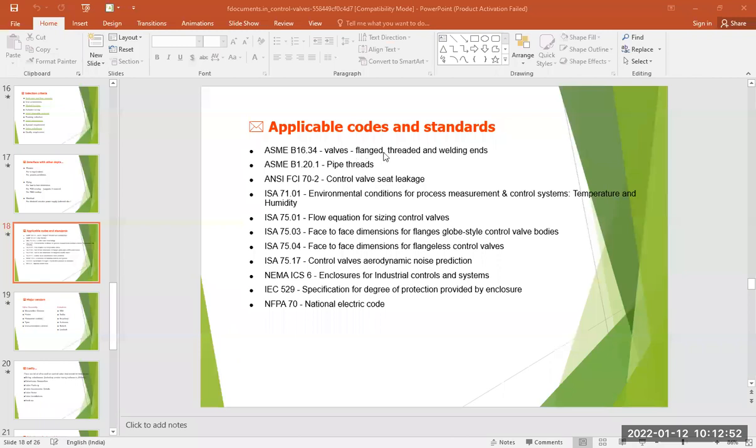These are basically flanged type, threaded or welding ends also. So these are the basic global or international standardized codes we have to follow when working in any process control industries. You have to see these different types of codes also. Then NFPA 70, the National Electric Code. So these are the different codes we have to use in the process control industry.